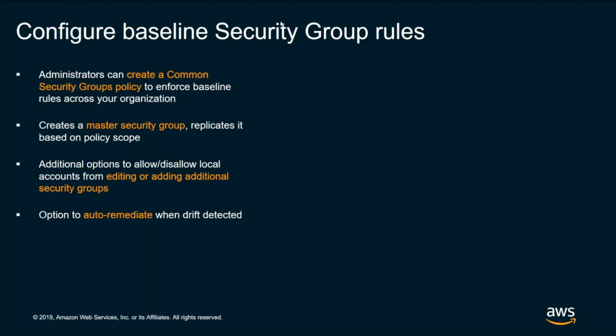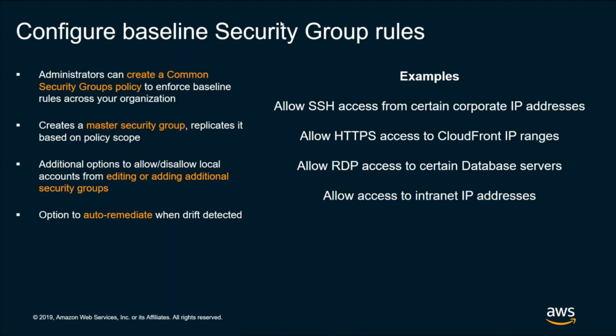There are several examples that we continuously hear from our customers like you. Customers often want to allow SSH access from certain known corporate IP ranges, as opposed to allowing SSH to the broad internet. Or allow HTTP access on your ELBs only for the CloudFront IP ranges, or allow RDP access on certain database servers, and so on.